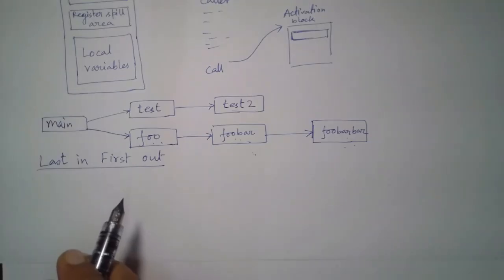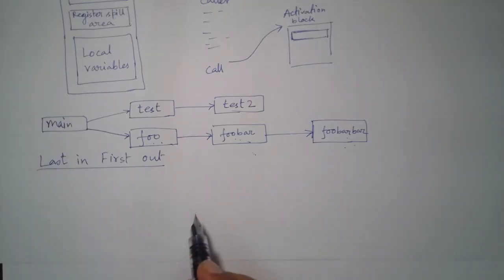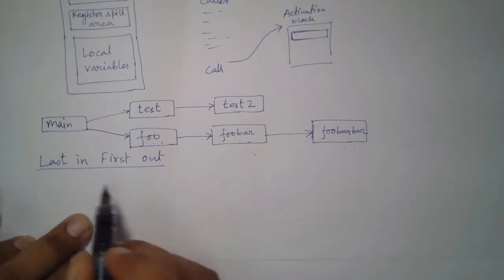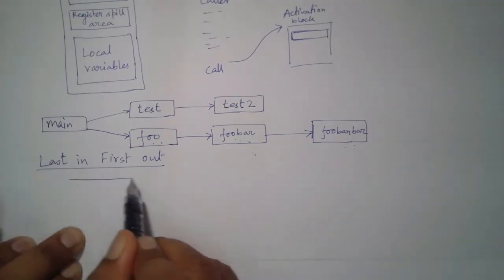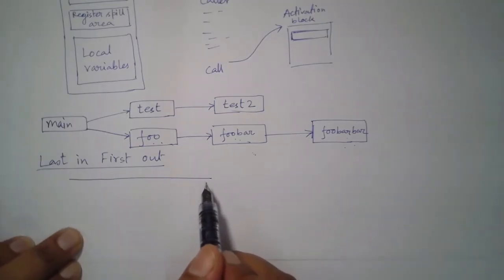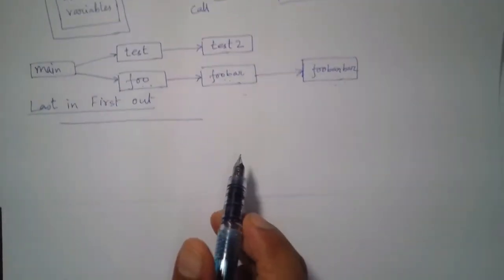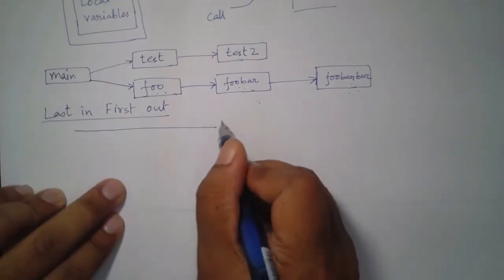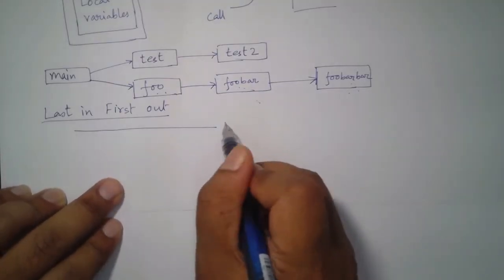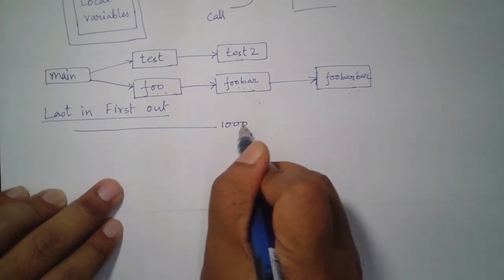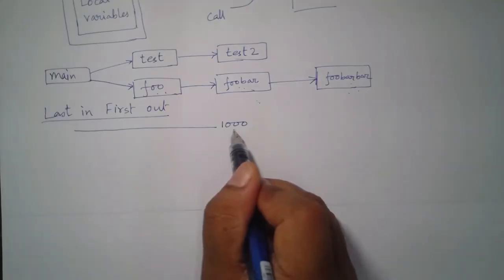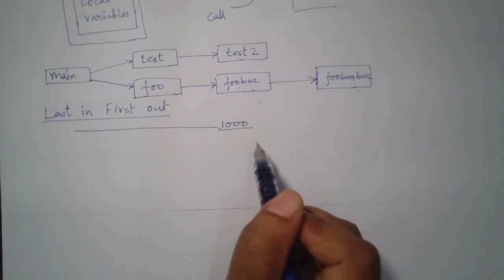So, now let us say, traditionally these stacks are basically downward growing stacks. So, what do I mean by that? Let us say I have a memory which has the capability of storing, let us say, 1000 bytes. So, my stack pointer will be pointing towards the highest memory, the 1000, alright.